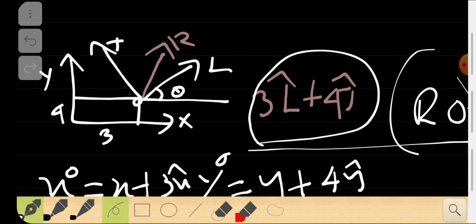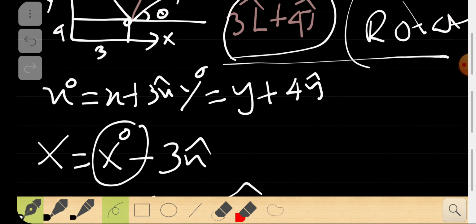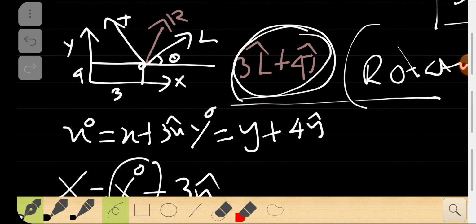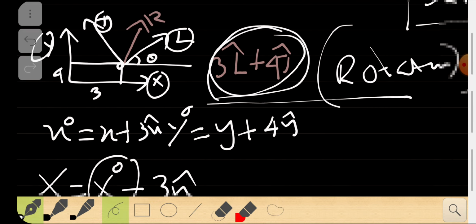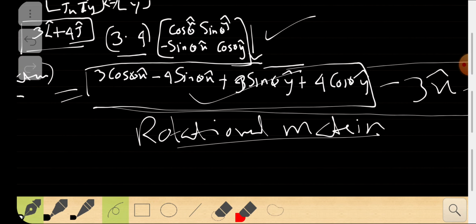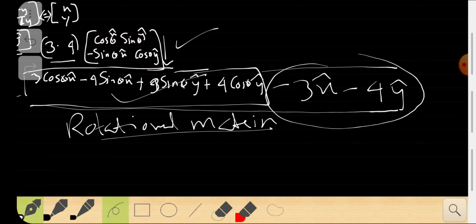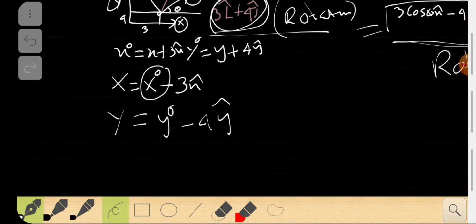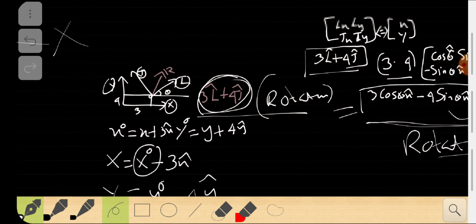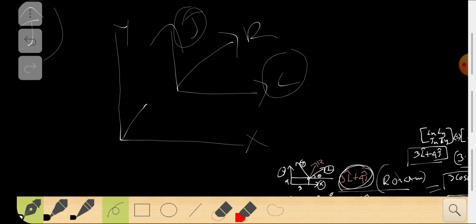For this vector transformed into x and y from J and L, the result will be 3 cos theta x cap and so on, all combined with subtracting 3x and 4y, because your new coordinate system has also been shifted and rotated by an angle. So this angle and the distance have to be considered.